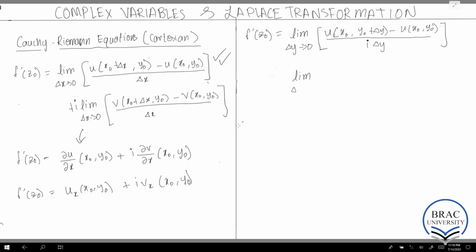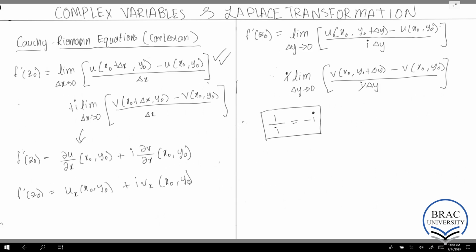So we have the limit where delta Y tends to 0, i in front of the limit, V(x naught, y naught plus delta y) minus V(x naught, y naught) divided by, again, i delta Y. And here you can cut the i here and the i here, and remember always this following identity, that 1 over i is simply minus i. So the inverse of i is simply minus i.